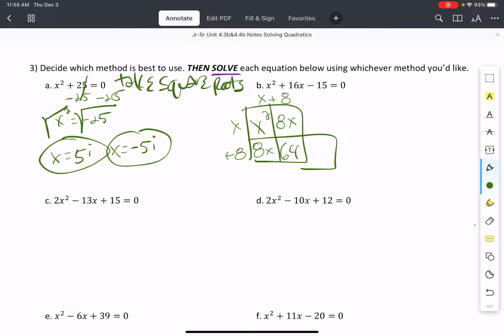Now I need you to figure out how do I get from 64 to negative 15. Okay, subtract how much? 79. There we go. So then my vertex form is x plus 8 squared minus 79.